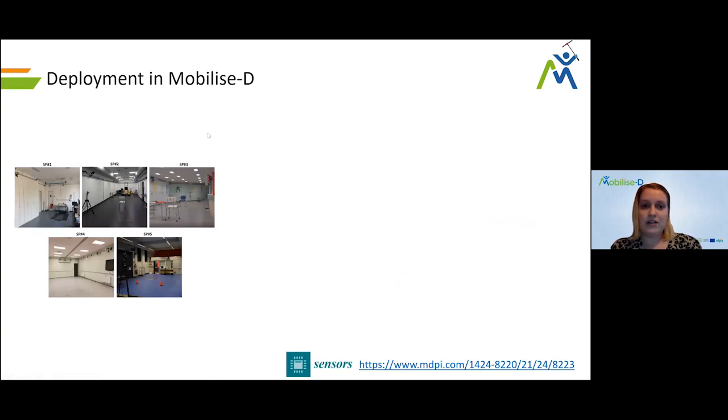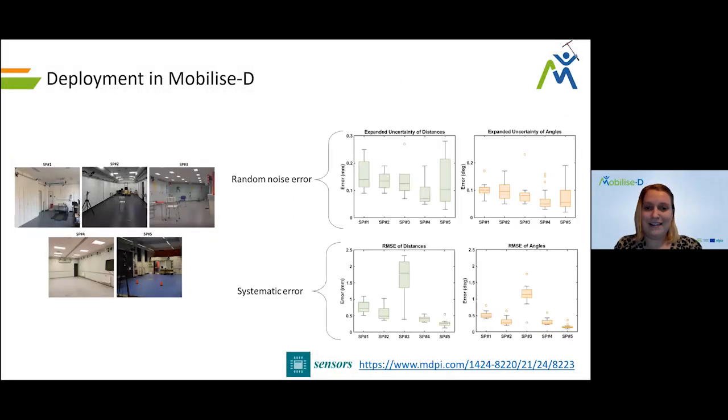So in regards to the deployment in Mobilise-D, as I said, we had 5 different SP systems. Fortunately, all of them were successful in completing this quality control check for each data collection that we did. And we can see on the right-hand side the errors here.